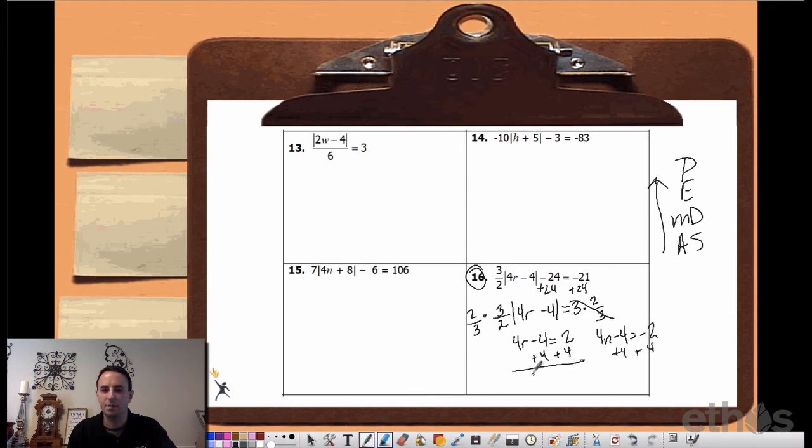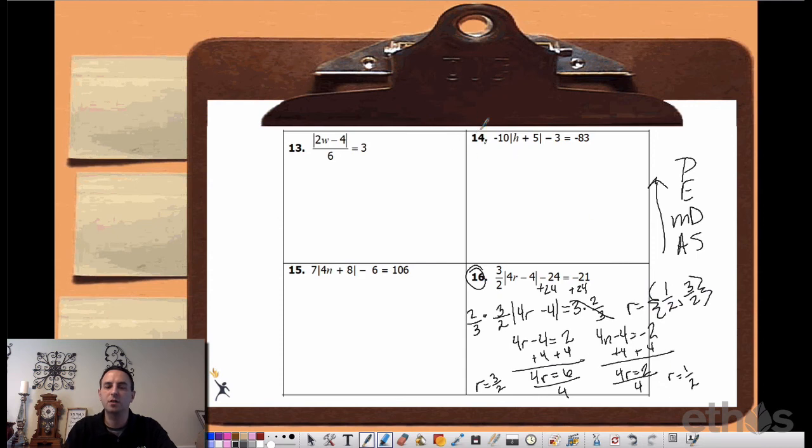And these take up a good amount of space, so kind of keep that in mind as you write. 4r is equal to 6. Then over here we've got 4r is equal to 2. So I'm going to divide both sides by 4. And these are perfectly fine to have as fraction answers. r is equal to 3 halves, and r is equal to 1 half. So I'm going to say my answer is 1 half, 3 halves.